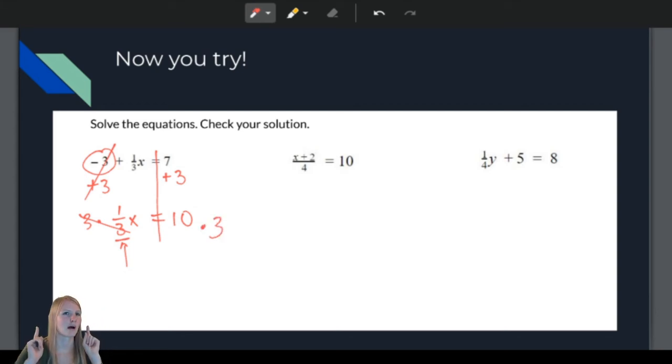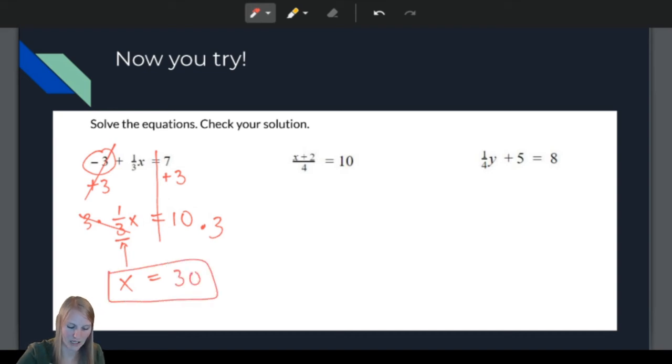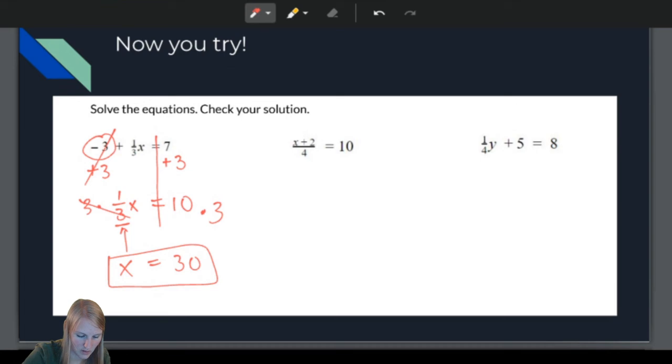Need to multiply by 3 on both sides. And now we have x equals 10 times 3 is 30. Let's check our answer. Negative 3 plus 1/3 times 30 equals 7. Negative 3 plus 10 equals 7. Yes, negative 3 plus 10, that is 7 equals 7.